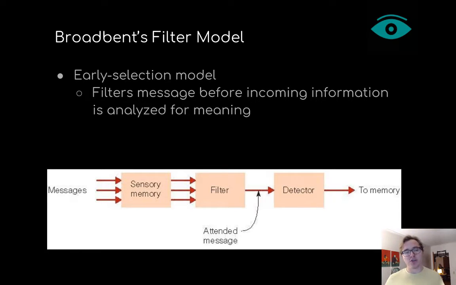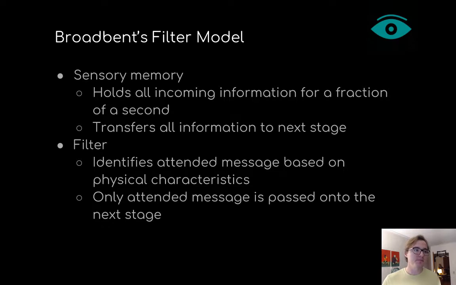That information moves to a filter, a cognitive filter, that deems whether or not the information in sensory memory is important. And if it's important, it passes through the filter to the detector. And that detector is what establishes whether or not this information needs to be held in memory or just used very briefly and then forgotten.